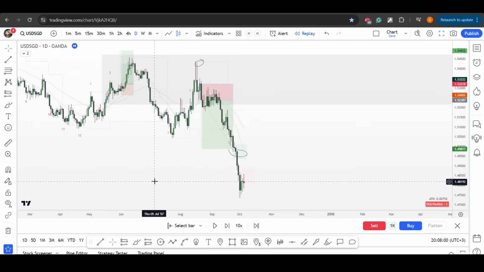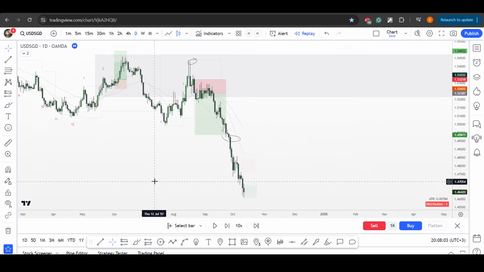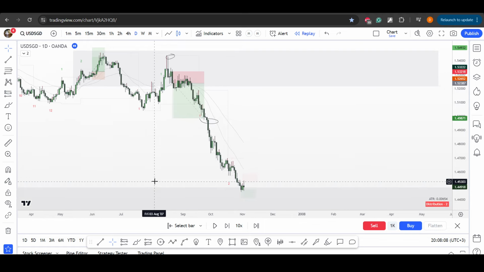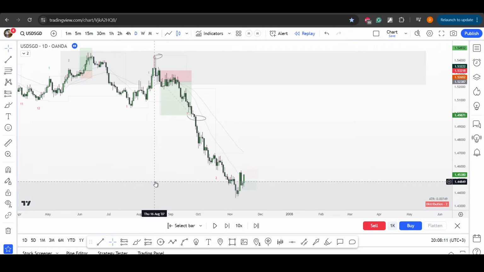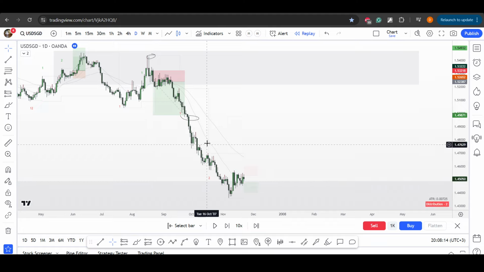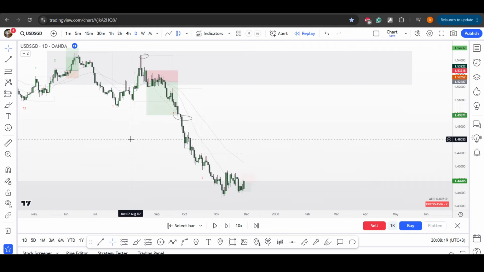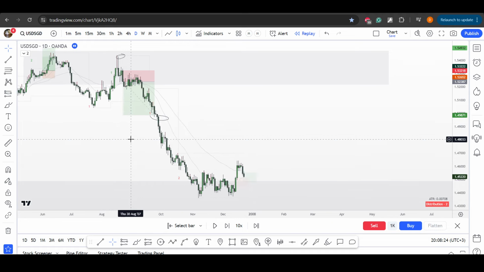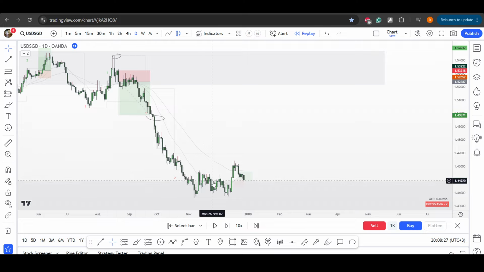So okay, we have a huge break to the downside, and the market became overextended, so nothing to trade here. So we just fallen and fallen, and right now we will either see a start of a pullback or just range price action. Okay, so this is a possible start of a pullback, or again just back and forth for possible short-term accumulation or redistribution.